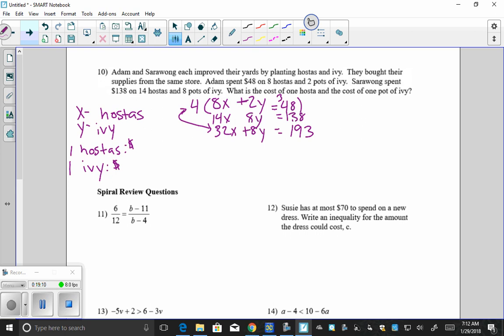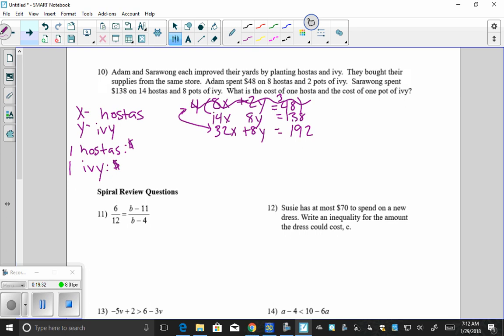Let me double check. $48 times 4 is 192. I messed up. That should be a 2. See? Never hurts to double check your answers. Now, I changed that equation, so I no longer need it.